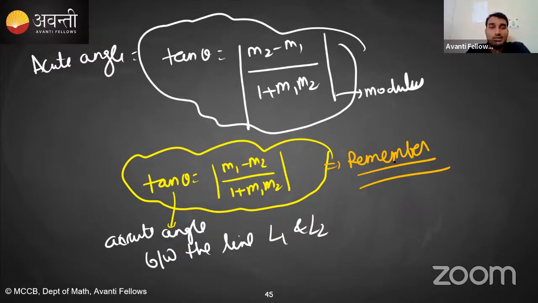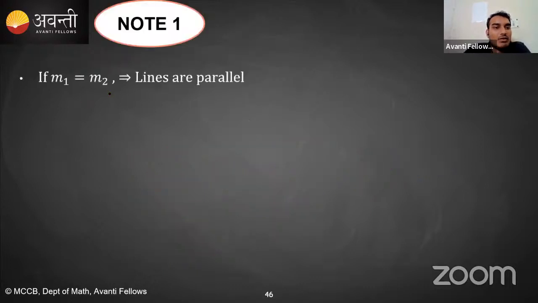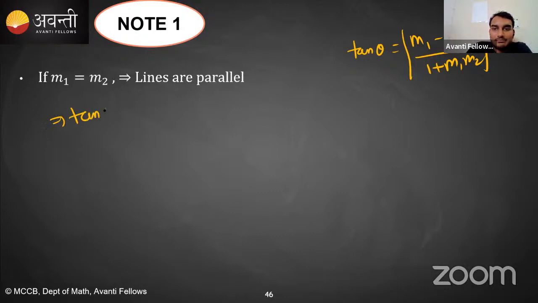Simple. Now, students, on the basis of this formula, we can see a couple of points here. The first case is if M1 equals M2. We know tan theta is M1 minus M2 upon 1 plus M1 M2. If M1 equals M2, tan theta comes out to be 0. It implies the angle between the lines is 0.